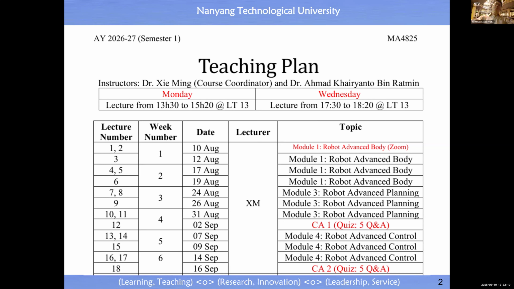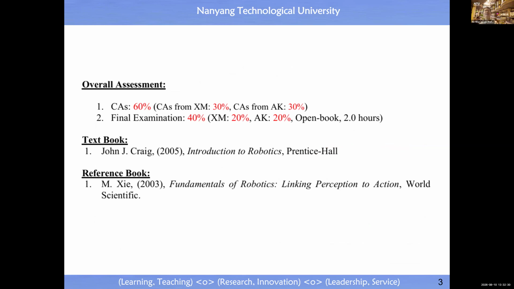Once you know mechanisms, the hardware aspect of a robot body, then you are ready to continue to study kinematics and dynamics. In terms of assessment, the CA will occupy 60% and the final exam 40%. Let this slide help you understand the distribution of the weightage for the assessment.